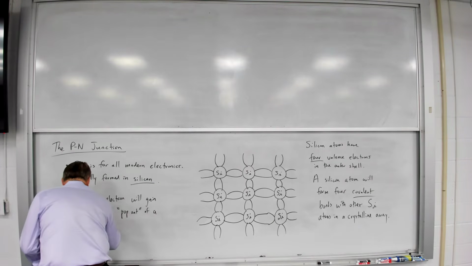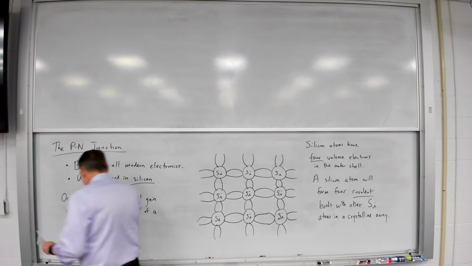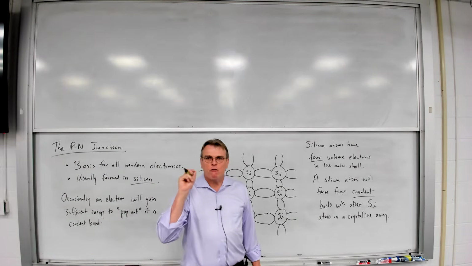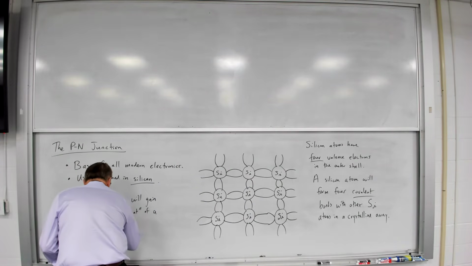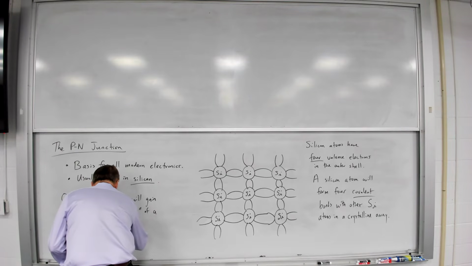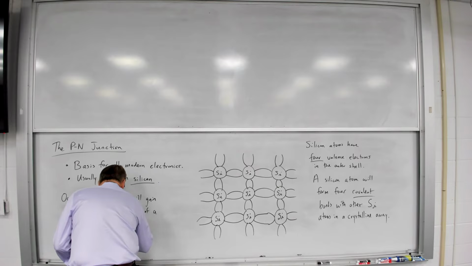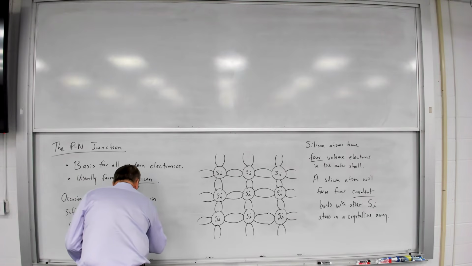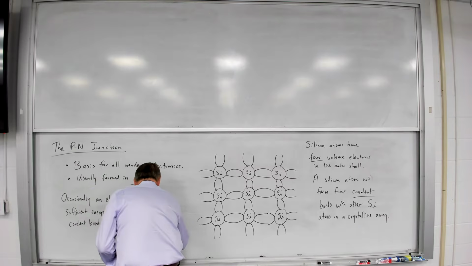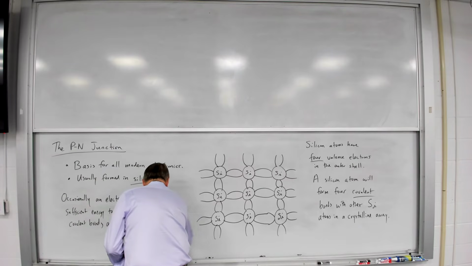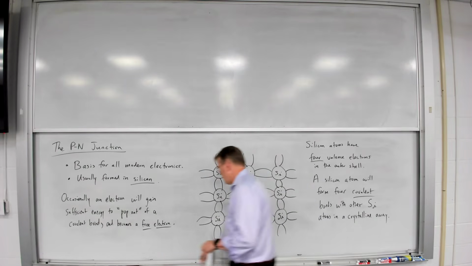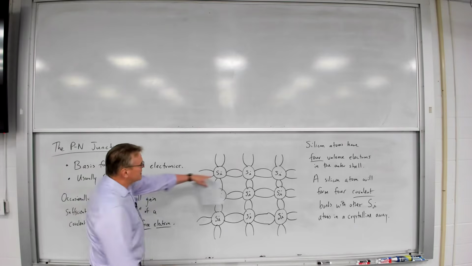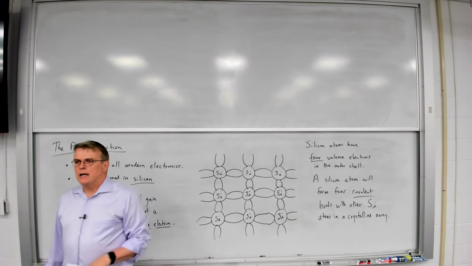And when that happens, that electron becomes a free electron. So in this case, for example, let's say that one of these silicon atoms loses an electron.